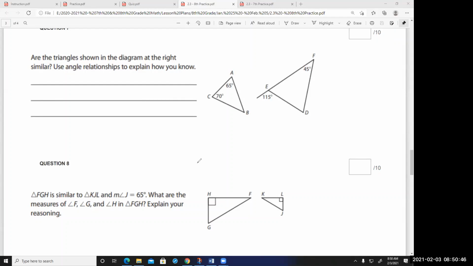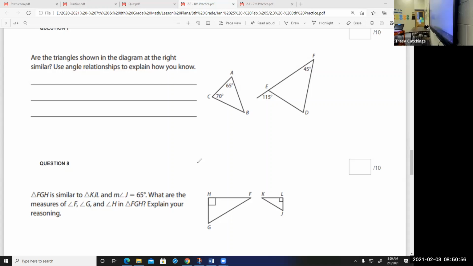Are the triangles shown in the diagram at the right similar? Use angle relationship to explain how you know. All right, what can we do with these triangles to help us try to figure out if they're similar?